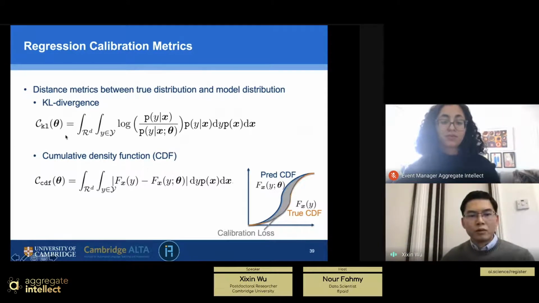For example, we can use KL divergence, integrated over the whole region of the input space. Or we can use the cumulative density function, which measures the difference between the predicted distribution and the true distribution in another way. As this figure shows, we have a true cumulative density function and a predicted cumulative density function, and we would like to measure the difference between them. We can average over the whole region, and then we get a single-number metric for it.